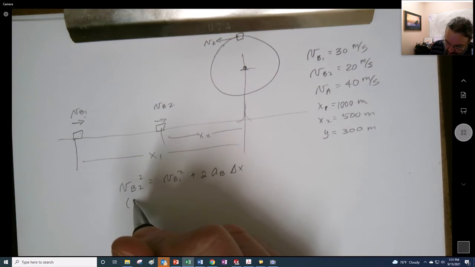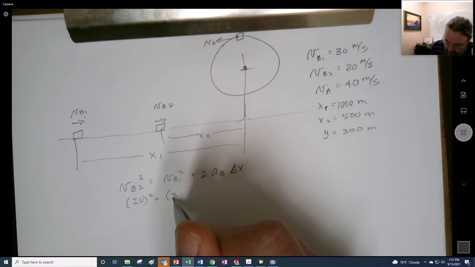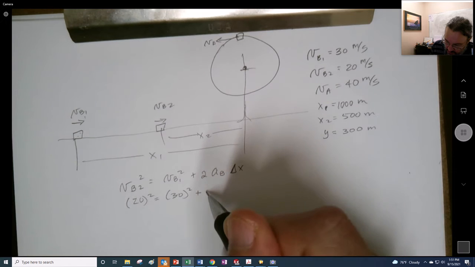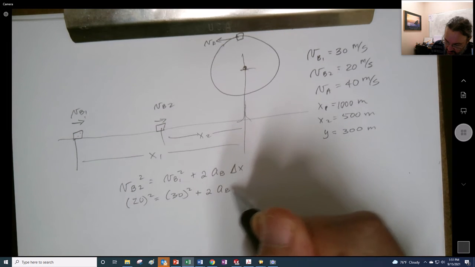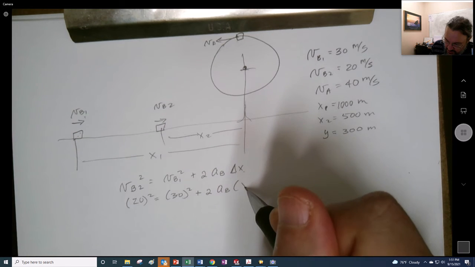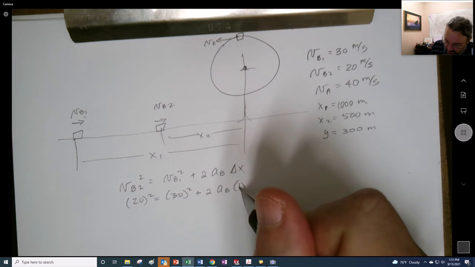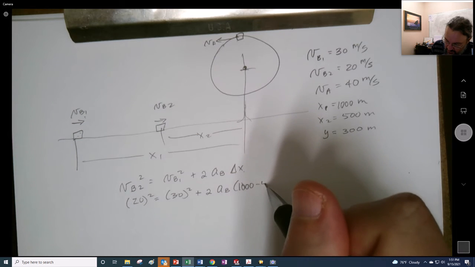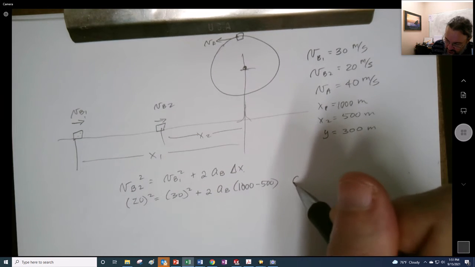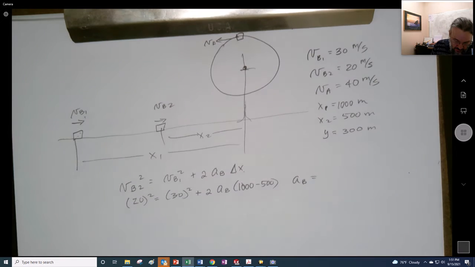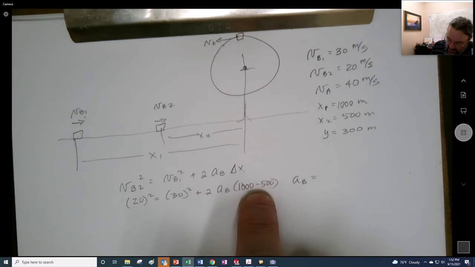Okay, anyway, so this is going to be 20 squared is equal to 30 squared plus 2 times acceleration of B times my delta x, which is just going to be 1,000 minus 500. So I get the acceleration of B by taking 20 squared minus 30 squared, dividing that by 2, and then dividing that by 500.